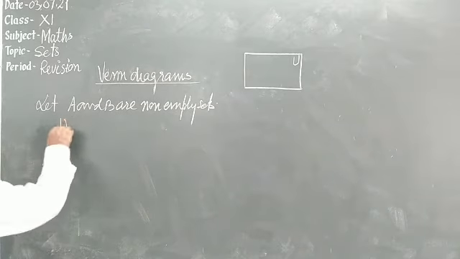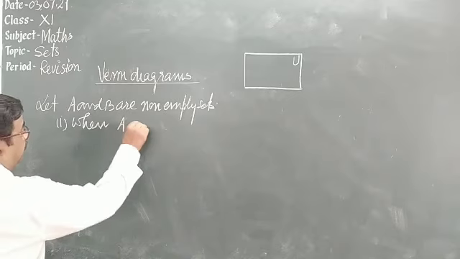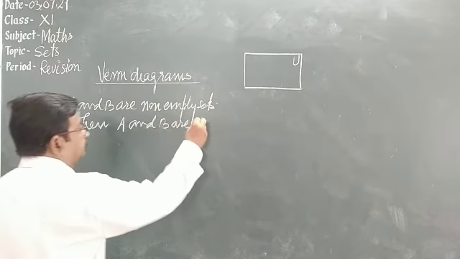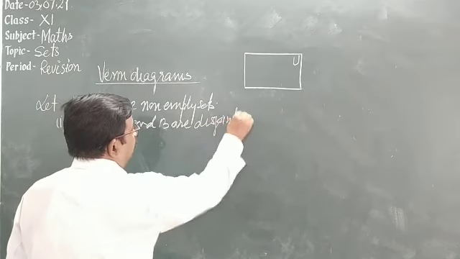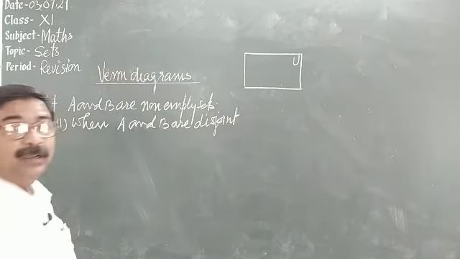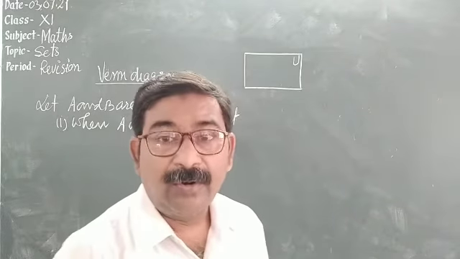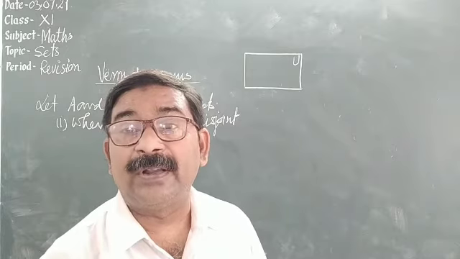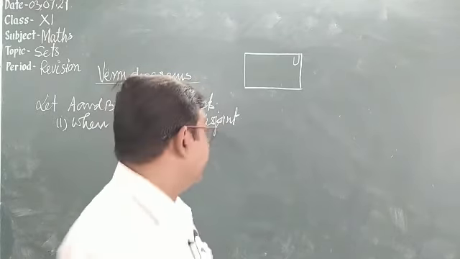The first one is when A and B are disjoint. You are aware of disjoint sets. What are disjoint sets? Two sets having no common element in them.